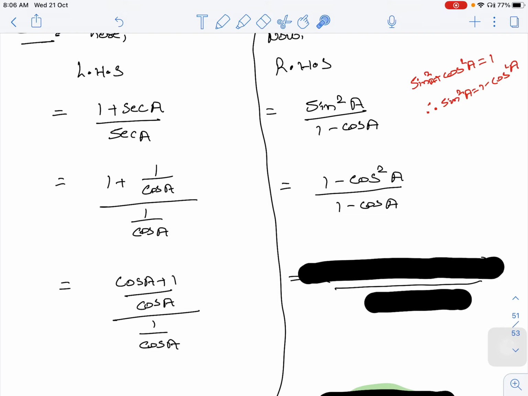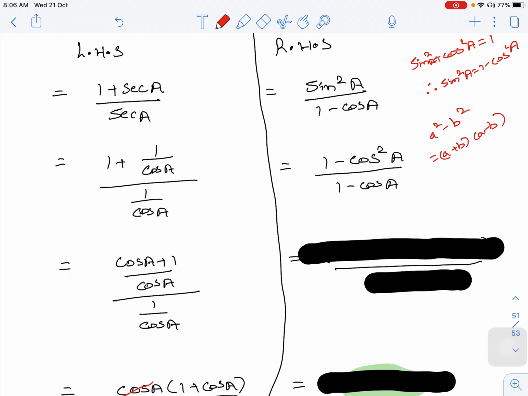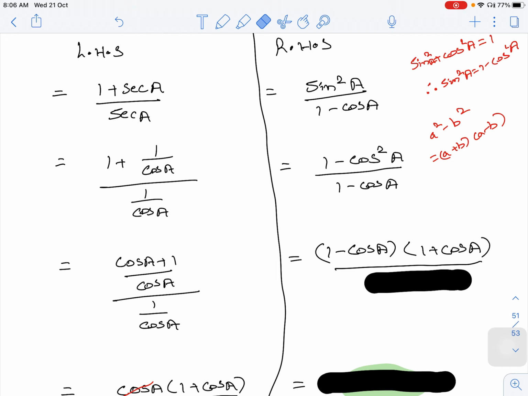Okay, now this 1 minus cos square A is nothing but 1 square minus cos square A. So that is of the form a square minus b square. Okay, now a square minus b square can be written as a plus b, a minus b. So what we have done, instead of 1 square minus cos square A, we have written it as a minus b, a plus b by using this identity.